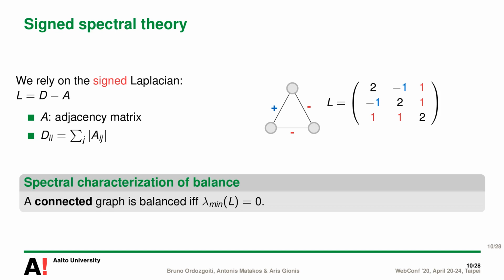And the reason we are interested in spectral theory is because there is a characterization of balance which relies on the minimum eigenvalue of the Laplacian. So a connected graph is balanced if and only if the minimum eigenvalue of the Laplacian is 0.